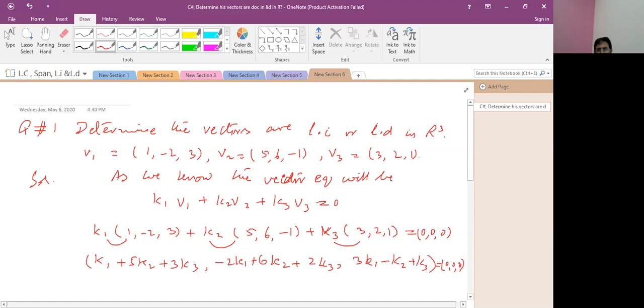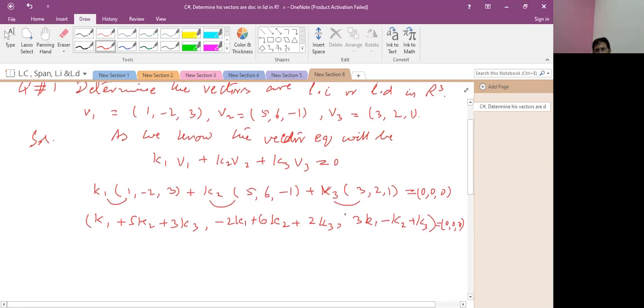Now we form the 3 equations by equating the left and right hand sides, student. Minus 2 times K1 plus 6 times K2 plus 2 times K3 equals 0.